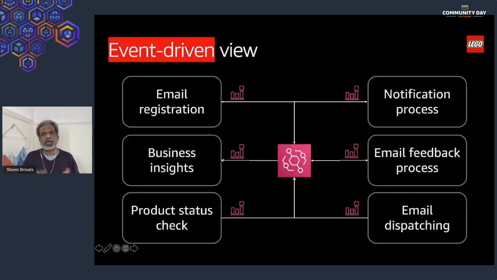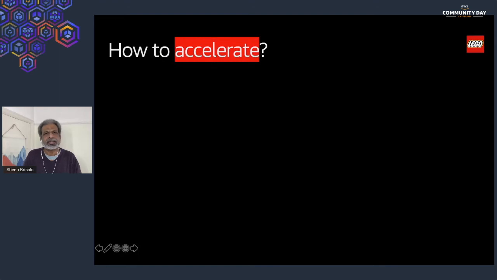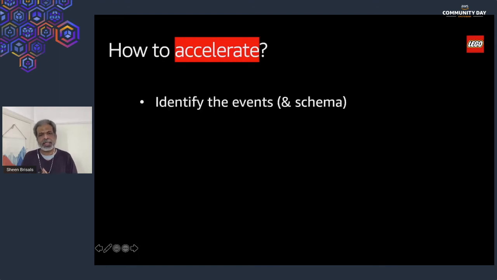So how will it look in an event-driven view with EventBridge in the middle? Roughly, you can think of all the events flowing from one service to another service. You might think, okay, that's fine, but how do I get the acceleration? A few things. First, think of events as the contract mechanism between these microservices, so it's important to identify those events. And when you have events, there is a schema behind them.